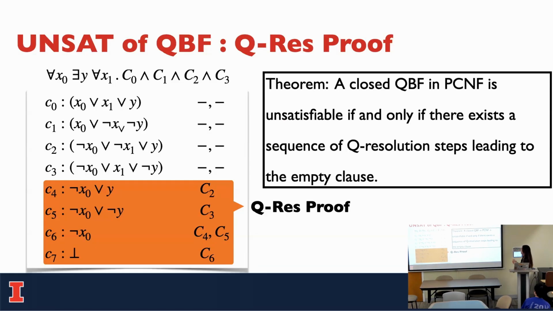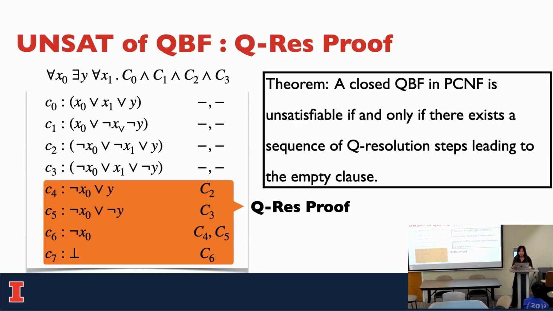And believe it or not, as long as this QBF is closed and is in PCNF, the QBF is unsatisfiable, or false, if and only if there is a sequence of Q-resolution steps that derives the empty clause. So basically that means Q-resolution is refutationally complete. Okay, so I want to emphasize two things for this theorem.